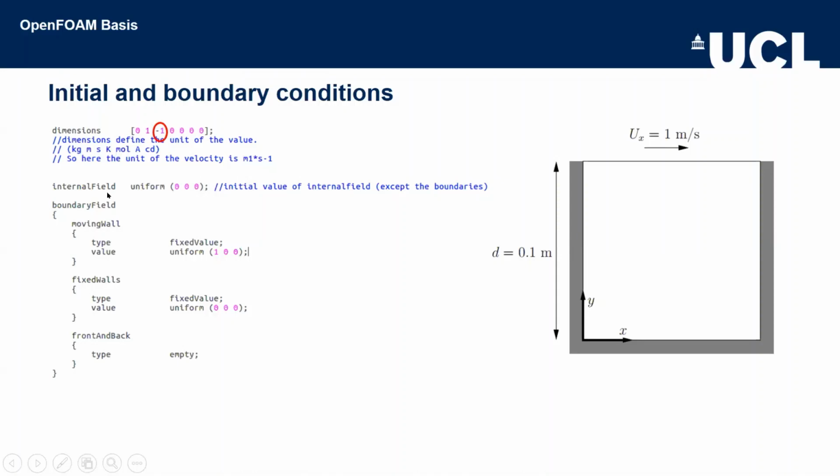We can see from the code that the moving wall boundary always has a constant velocity of 1 meter per second along the x direction, but the fixed wall doesn't have a velocity. And the empty boundary condition is usually used on the inactive boundaries for a 2-dimensional problem, which can be understood as no solution being required along the z direction.